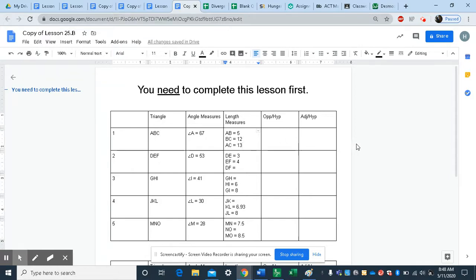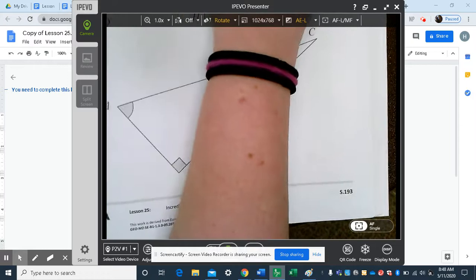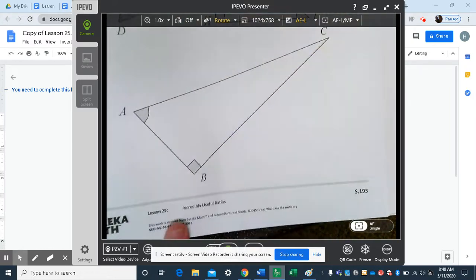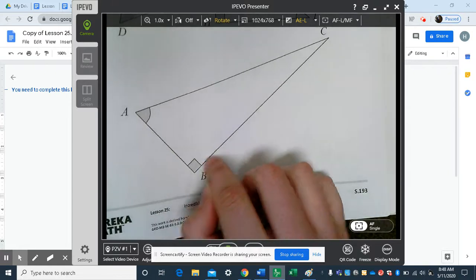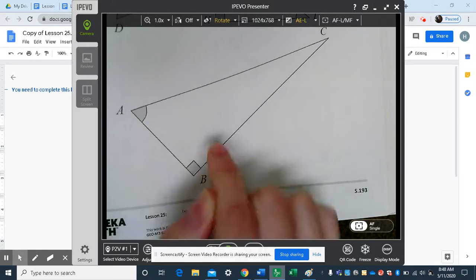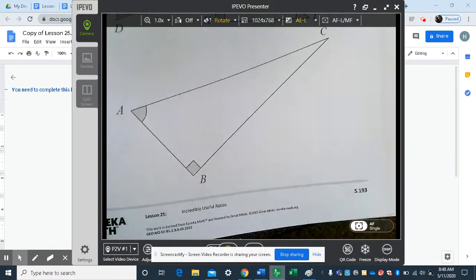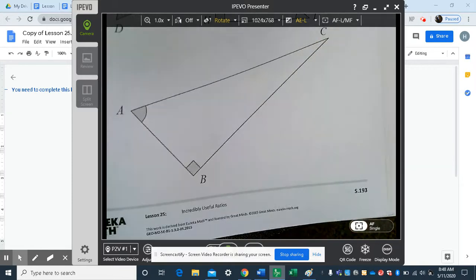So now, for opposite over hypotenuse, we're going to look at our picture. We're going to find the opposite over hypotenuse. So BC is our side that is opposite of our angle A. So we're going to put BC divided by our hypotenuse, which is AC.